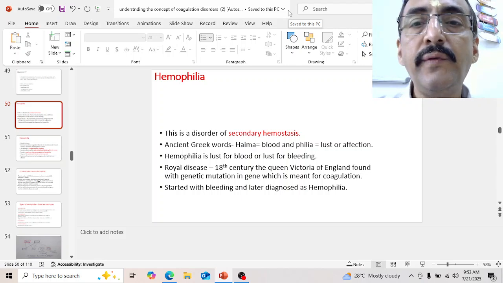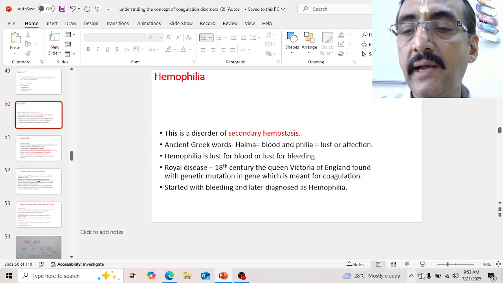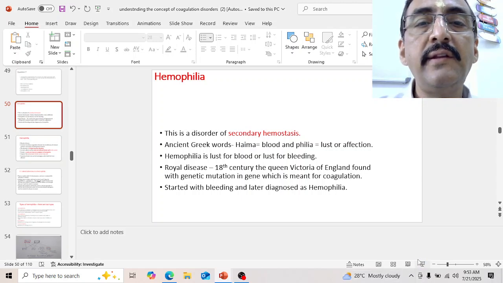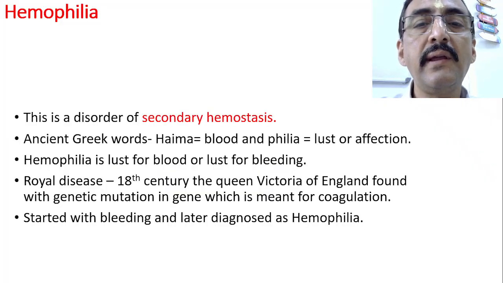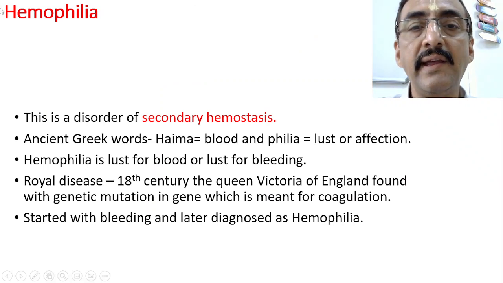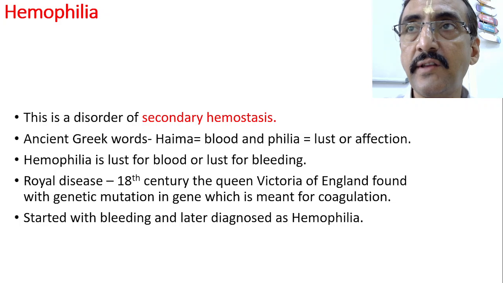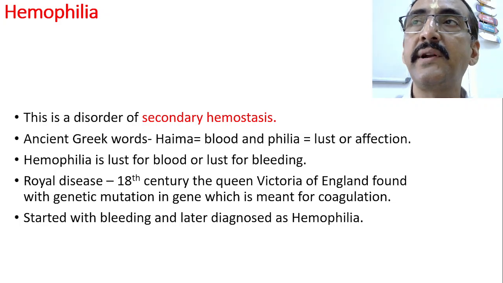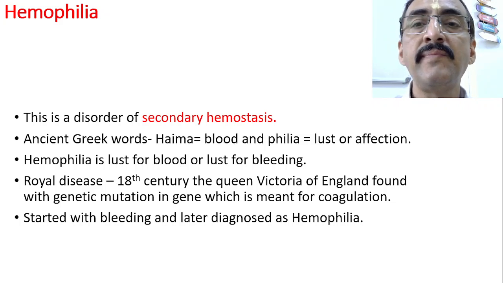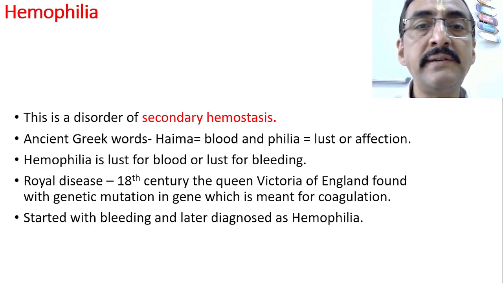what is hemophilia? Hemophilia is a disorder of secondary hemostasis. That means primary hemostasis, or the temporary plug, is different; it is basically done by the platelets and von Willebrand's factor.